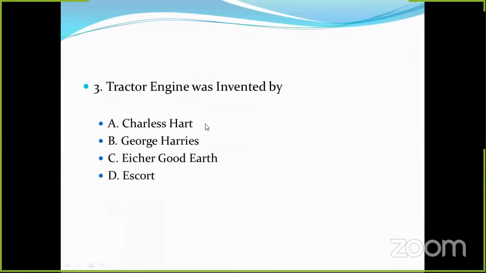Next, the tractor engine was invented by...? Please read once.